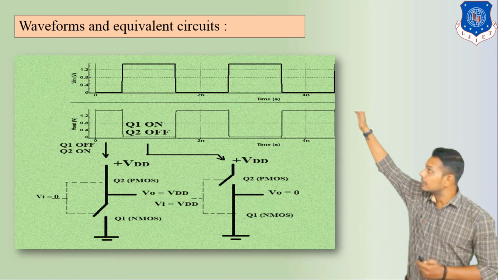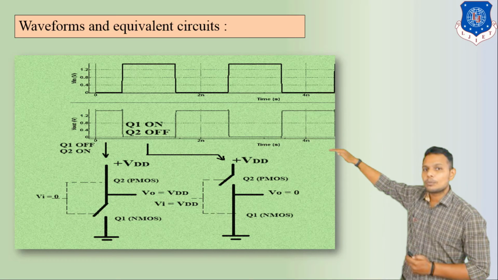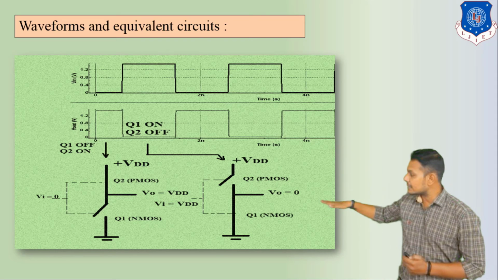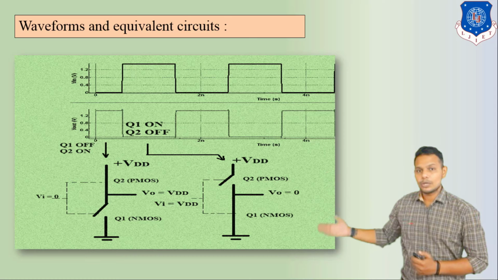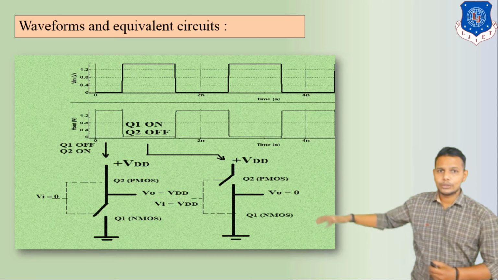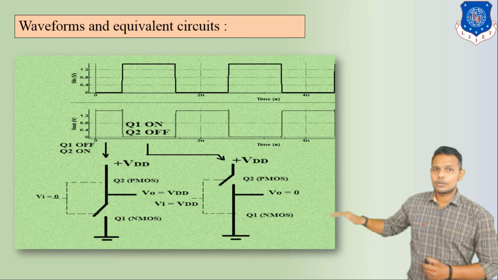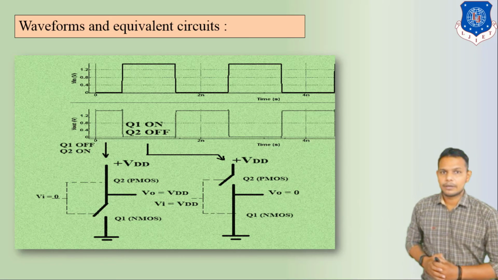Here we can see this is the input, and here this is the output. And according to this waveform, here we can see this is the equivalent circuit of these two cases. So first we will discuss Q1 on, Q2 off. Then what happened?